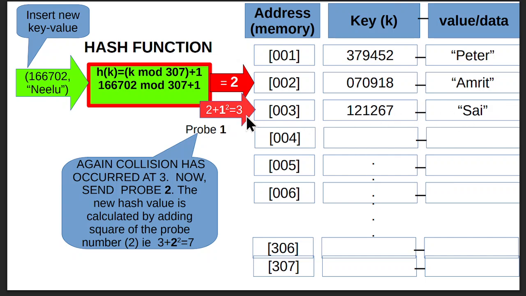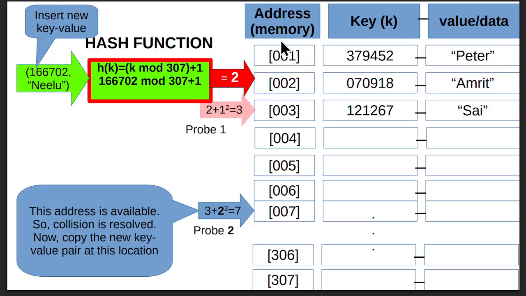So now I'm going to send a second probe. When I send the second probe, I add 3 plus 2 square, where the probe number is 2. The first collision occurred, then the second collision occurred, so I use this value and add to it the probe number square, which is 3 plus 2 square. That probe will check the address having 7 as the hash value.